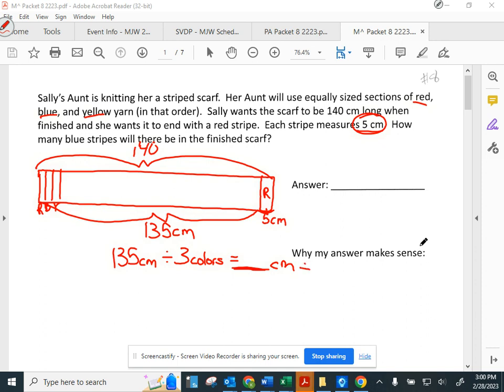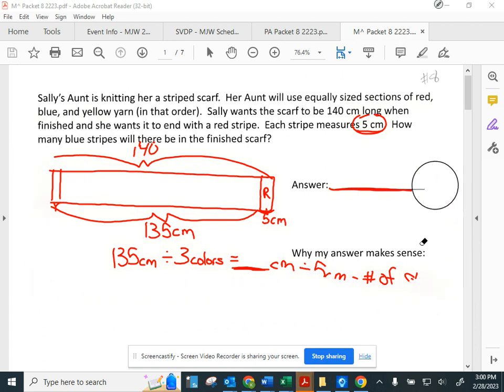So I need to divide that by 5 centimeters to get my number of stripes. And that's what we want to know: how many blue stripes are there. So if you divide it up by the colors and then divide it up by our sections of 5 centimeters, you will be able to find out how many blue stripes there are.